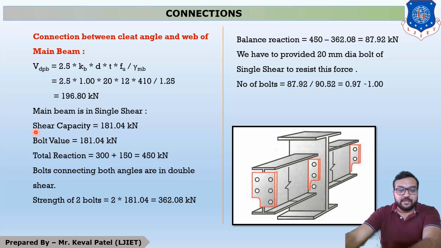So that's why your shear capacity of bolt is 181.04. Now the term is for bearing capacity. For bearing capacity of bolt, the equation remains the same. It is 2.5 Kb into d into tw into Fu by gamma mb.